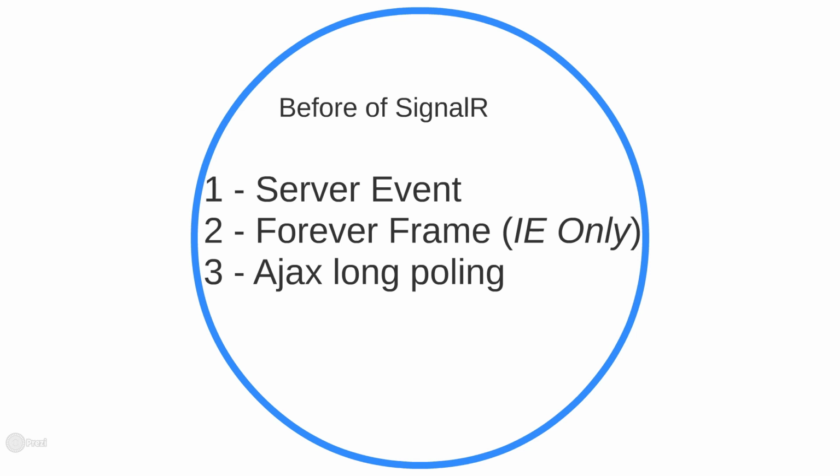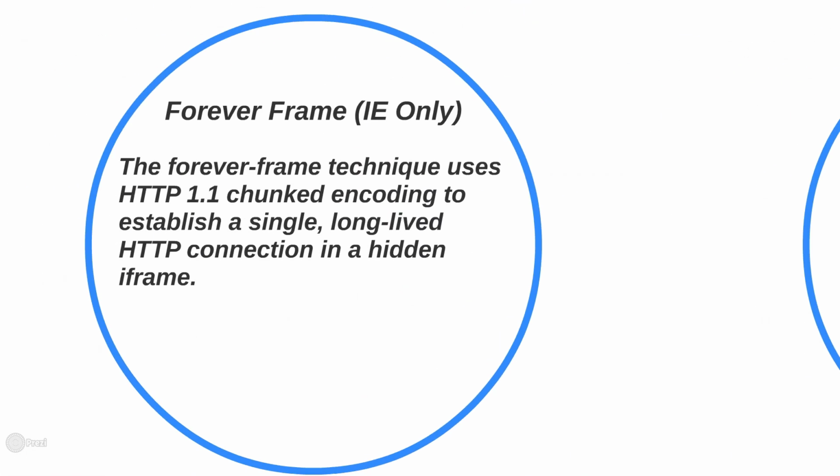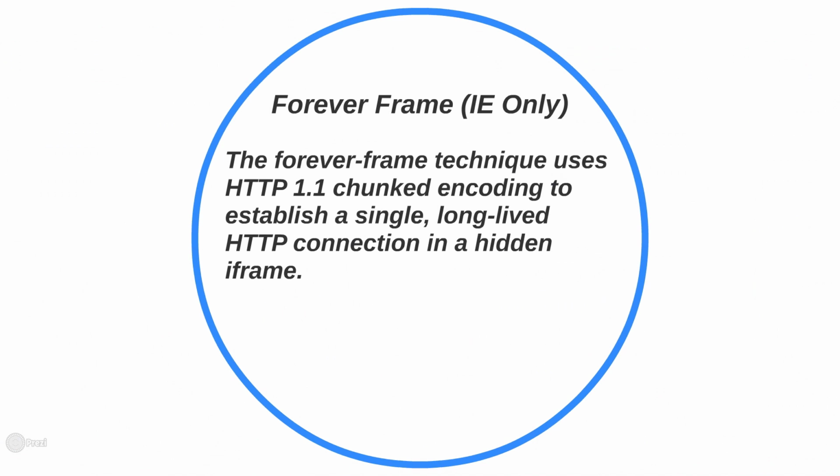Forever frame, I have never seen it before, but they say they invented something for IE to create a hidden frame, and change the encoding of the HTTP to be chunked, and then you start listening to stuff coming over the HTTP connection. Yeah, weird stuff.